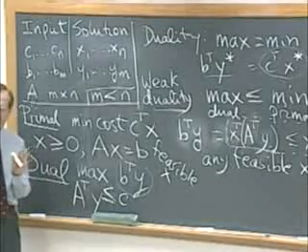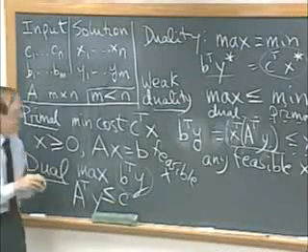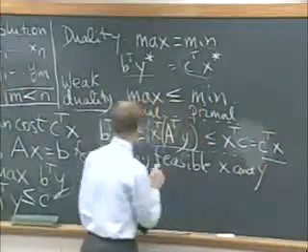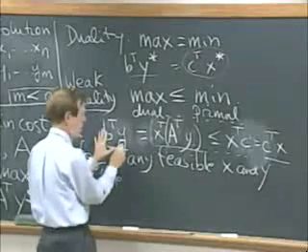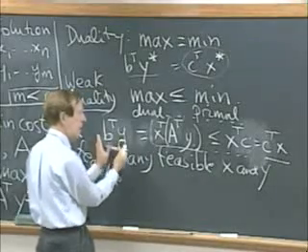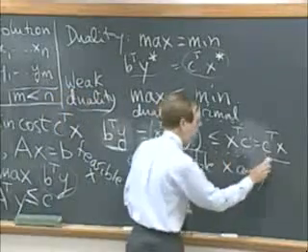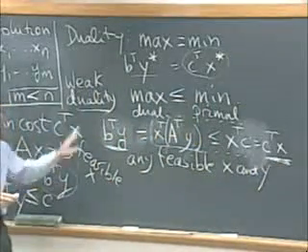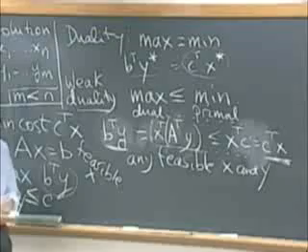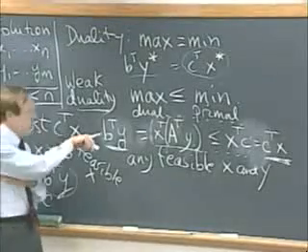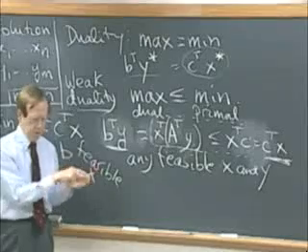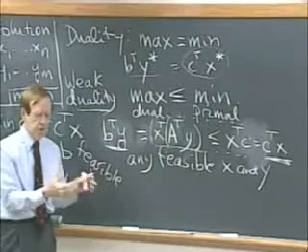Is that all right? So any feasible y gave a b transpose y that was smaller than or equal to c transpose x. So that's the easy step. And there was a corresponding easy step when we were doing minimizing potential energy.